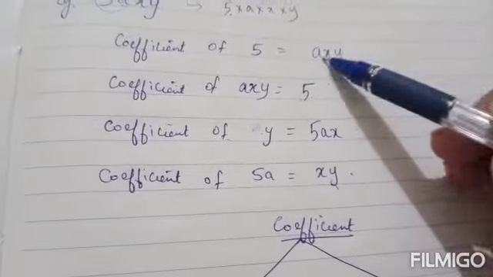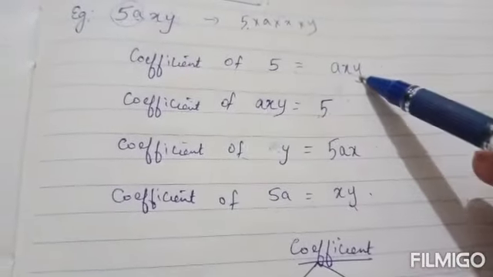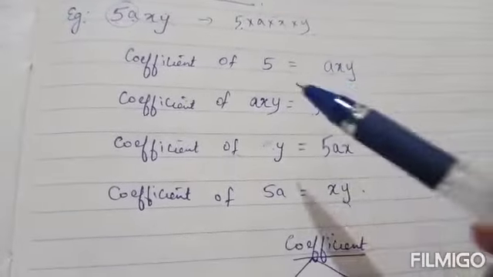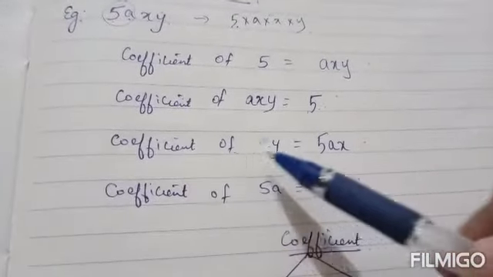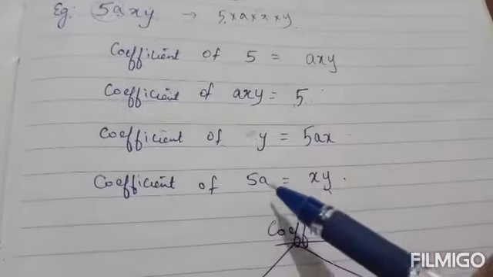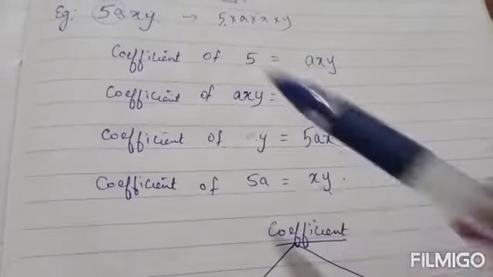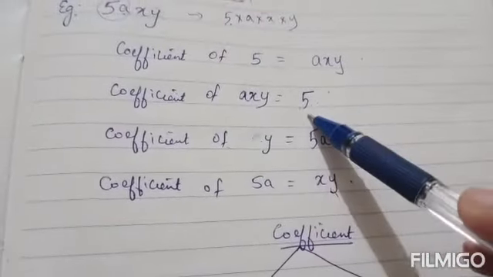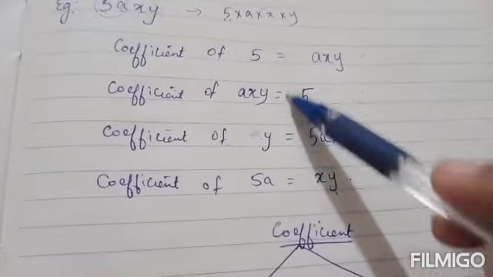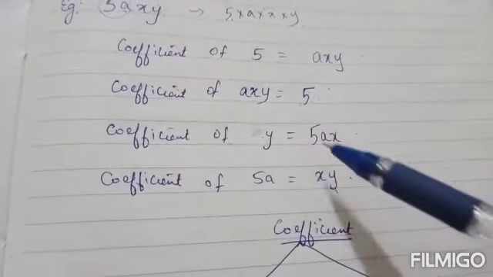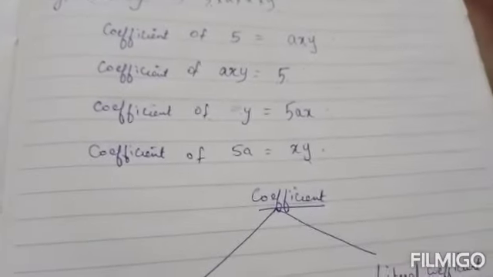The literal coefficient of 5 is xy. Now the literal coefficient of y is 5ax. The literal coefficient of 5a is xy. But the numerical coefficient of axy is 5, since it does not contain any literal or variable, okay. Others are literal coefficients, okay.